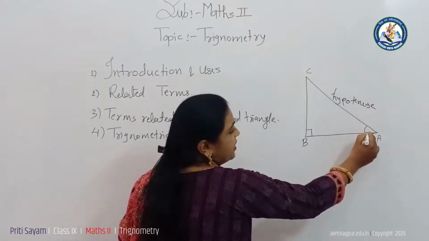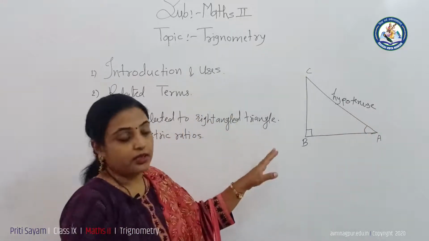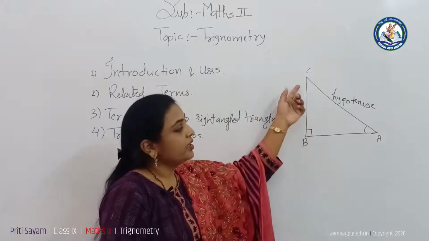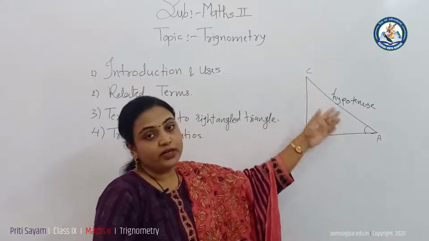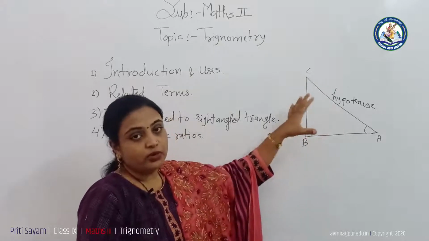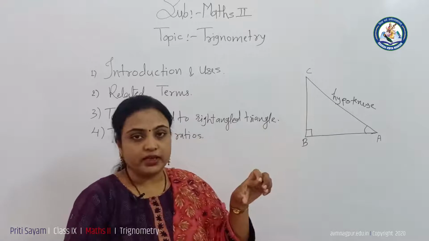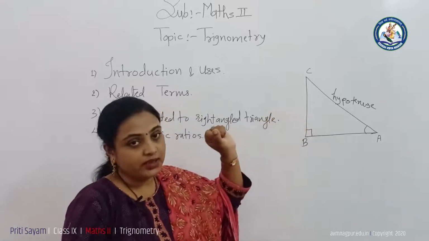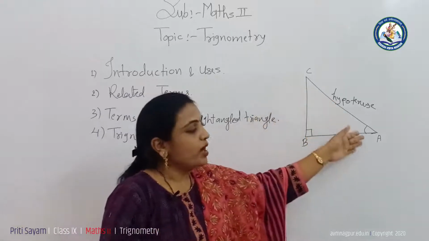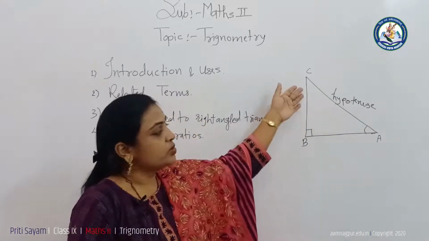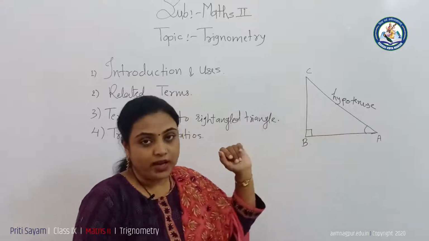Suppose we consider angle A and angle C. Now in this triangle, if one angle is 90 degrees, then the remaining two angles are complementary angles. The sum of all three angles of a triangle is 180 degrees, so if one angle is 90 degrees, the remaining two angles sum to 90 degrees. That's why these two angles are complementary angles.